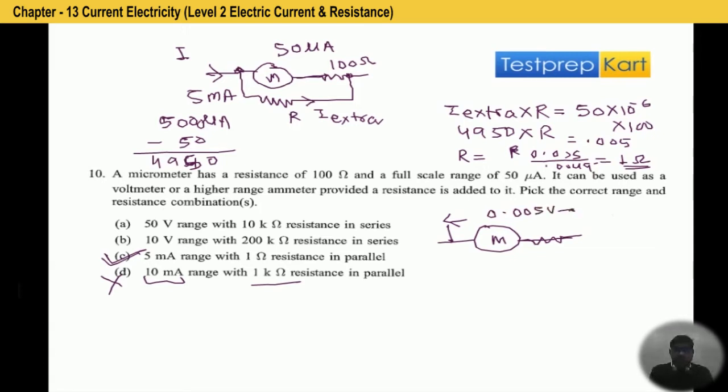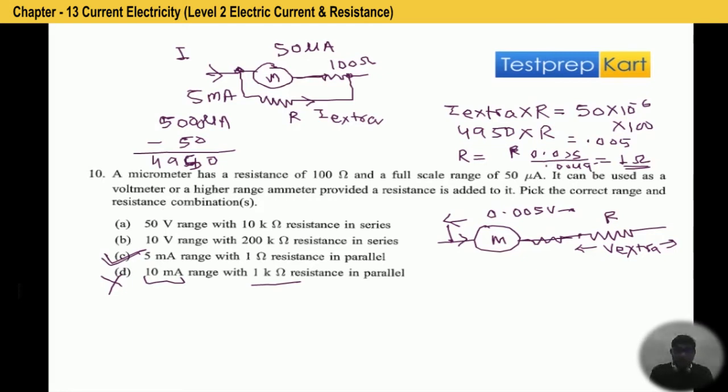If we want to increase its range, then we need to connect a higher resistance in series that can tolerate the extra voltage, keeping the condition that the current in this circuit would remain the same because in series the current remains the same.